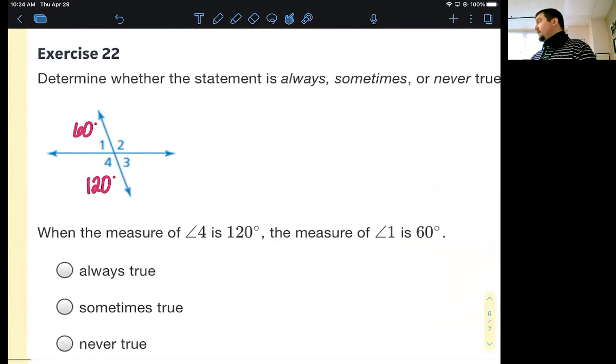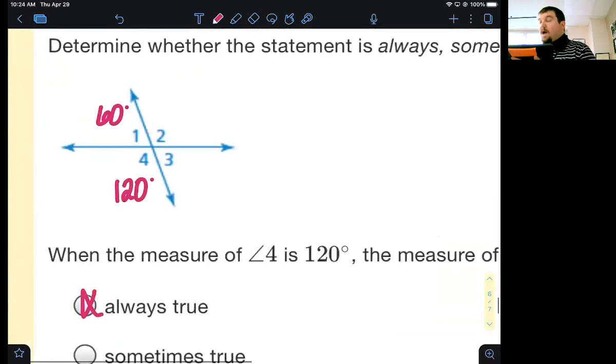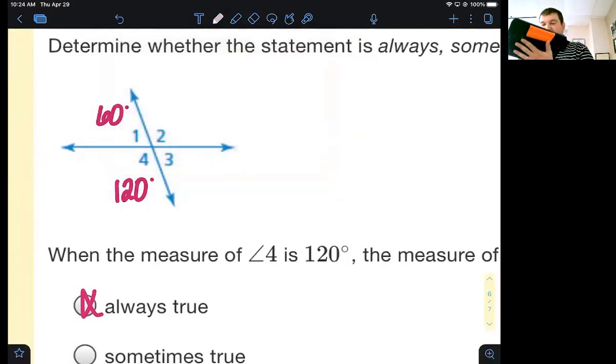Could you help explain, Bailey? It's always true because if you just take away the arrow between 1 and 4, it's a 180 degree straight angle. You're exactly right. Then 120 plus 60 is 180. So what Bailey's saying is if you take away the line between them, angle 1 and angle 4 together make a straight angle.